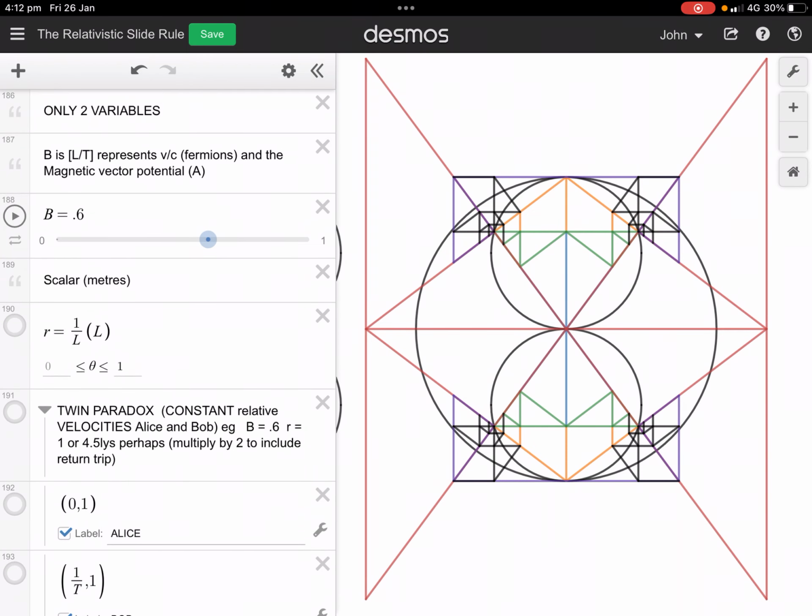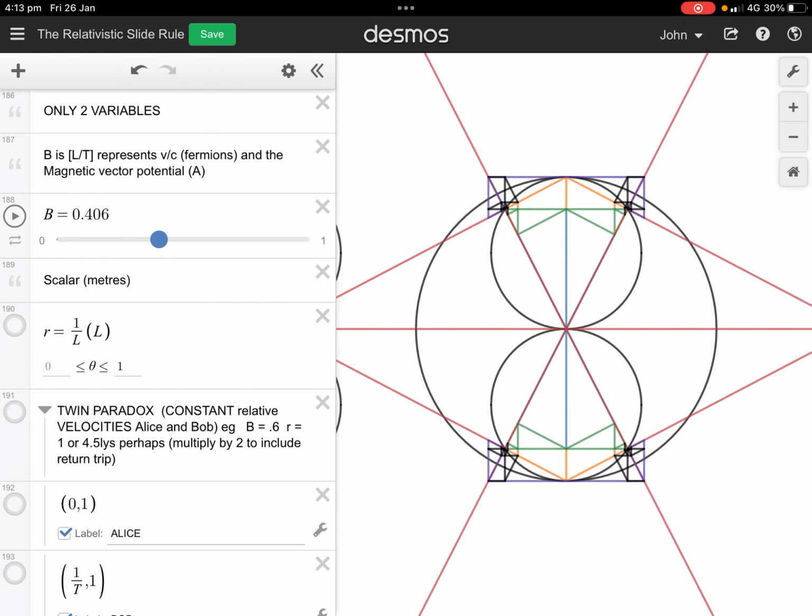And then beta is L over T, represents velocity over the speed of light, the ratio, and in electromagnetic terms it's the magnetic vector potential. So this is it moving.